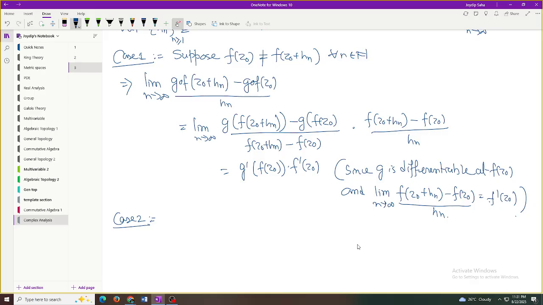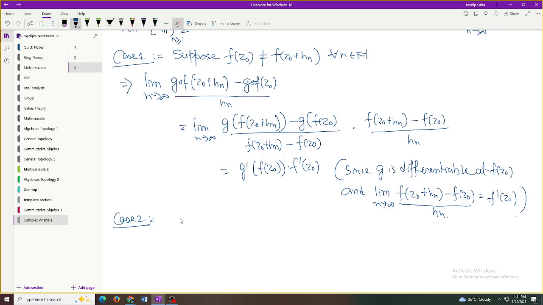So what is the complement of this case? The complement is f(z0) not equal to f(z0 plus hn) for some n. But if it holds for finitely many n, then after some finite terms we can go to case 1.